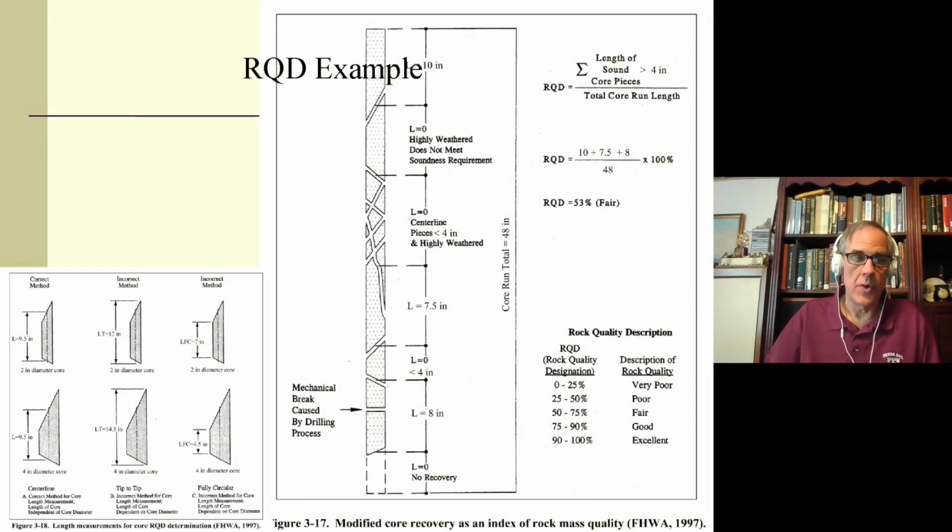Second rule is that the pieces that matter are the pieces which are 4 inches or longer. You measure the length of those pieces, and those sound pieces that are longer than 4 inches are the pieces which add to the total.